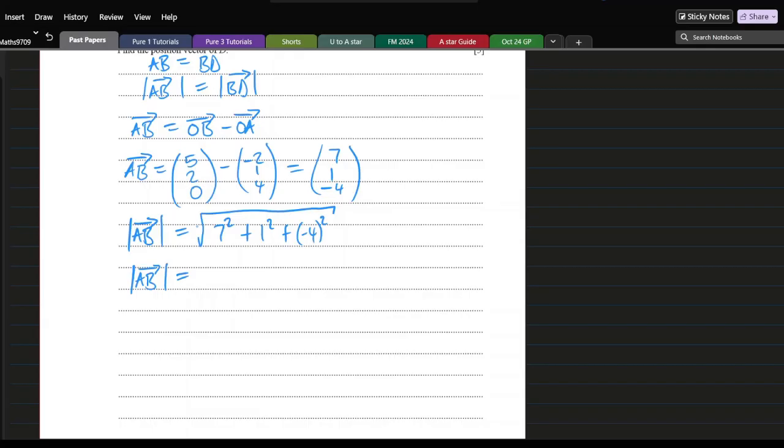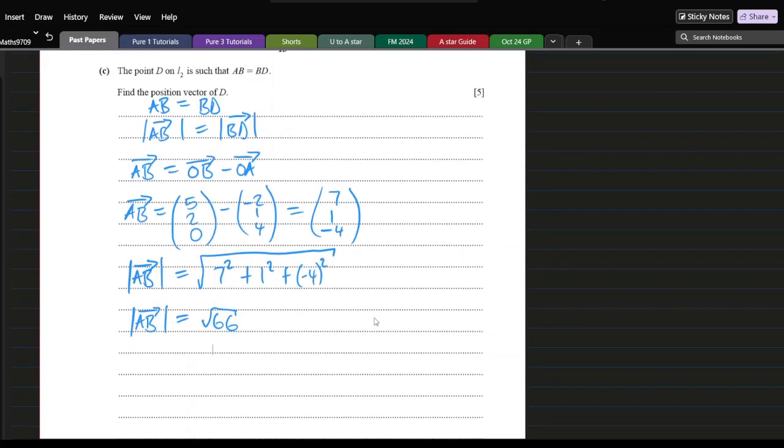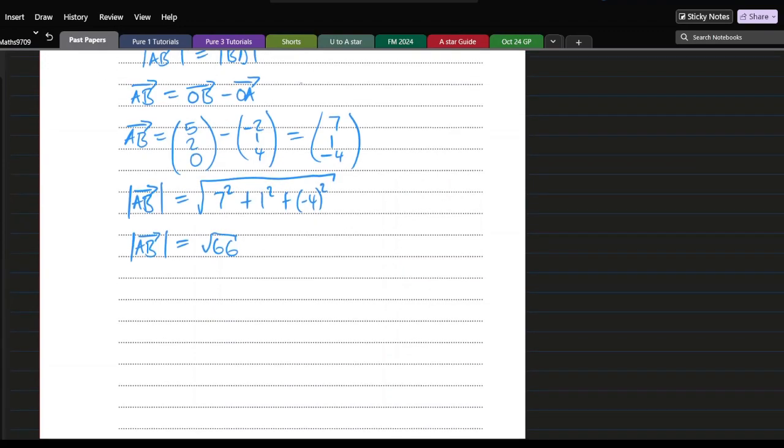And that gives us the square root of 66. Okay, and now we have to do the same for BD. So we need to find the vector BD.